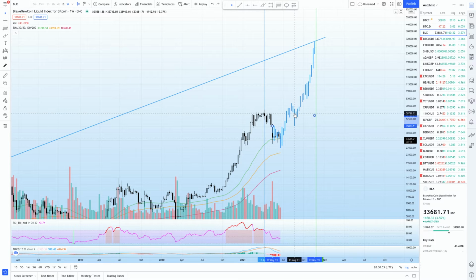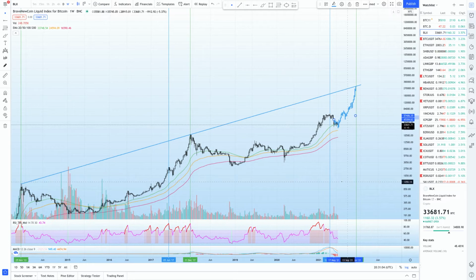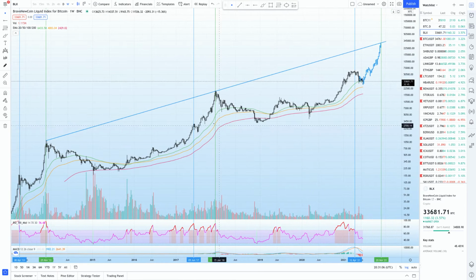There's every possibility that this might move towards the 300,000 mark, which would confirm or validate this image that I'm showing you here with this resistance line across the top. So I'd fully expect this to happen.